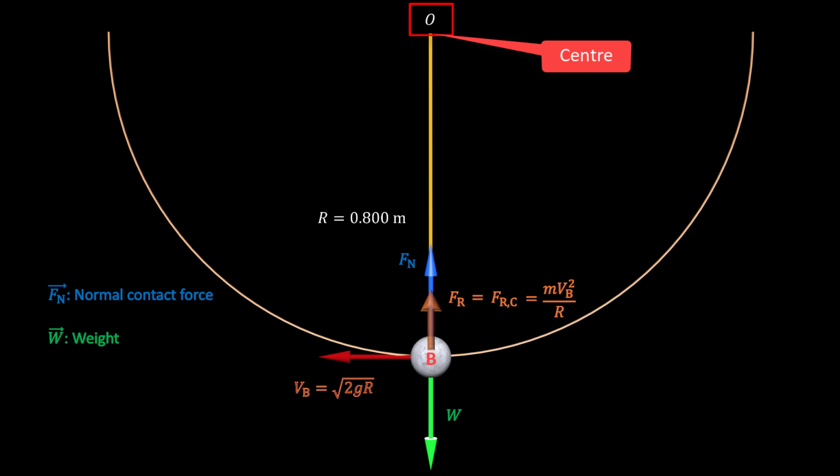As you can see, I have placed an arrow on top of each symbol W and Fn to tell you that these two quantities are vector quantities.